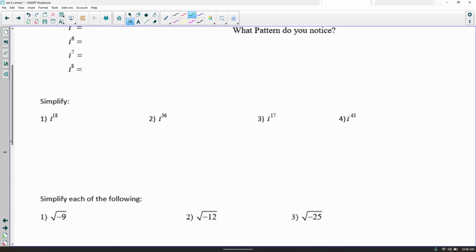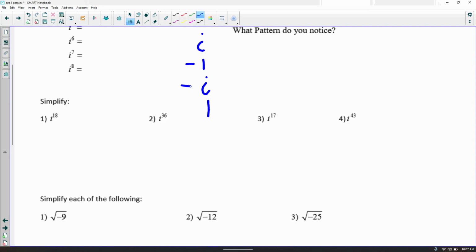All right, so you only have 4, and the 4 are what again? i, 1, negative in the middle, or i, negative 1, negative i, 1. You know those 4, then you can fit all of the other ones. Any power that you have, i to the 21st power, i to the 33rd power, you can change them into one of those 4. You cannot have a power higher than 1.